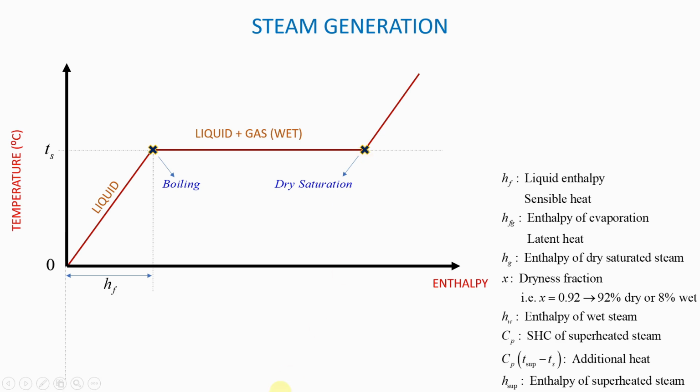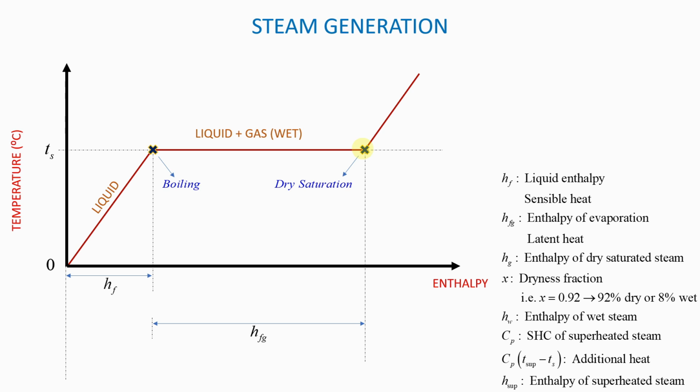And so the heat that you need to add from the boiling point for you to reach dry saturation, this is what we refer to as HFG. This is the heat that you need to add to the water from the time it begins to boil for it to reach dry saturation. In other words, for all the liquid to be evaporated and the gas to be made dry.